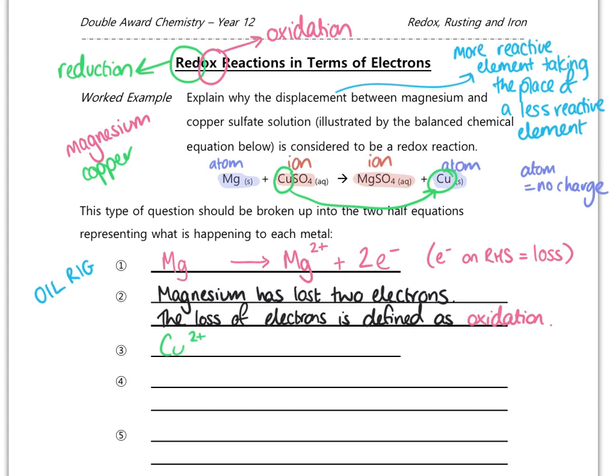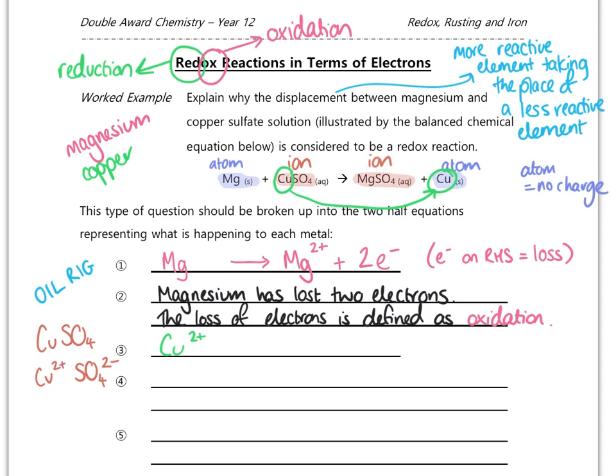The other way to think about it is by the formula of copper sulfate. The formula is CuSO4. And what you should know, or what you can see from the back of the periodic table, is that the sulfate ion, SO4, has a charge of 2-. And so therefore, to cancel that 2- charge out, copper must have had a charge of 2+.